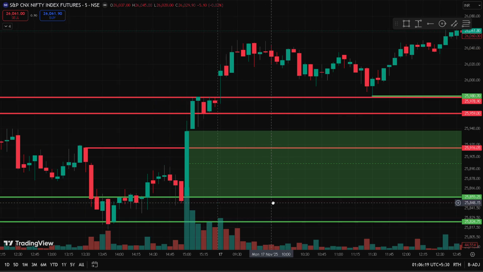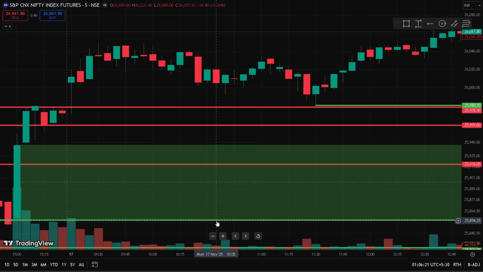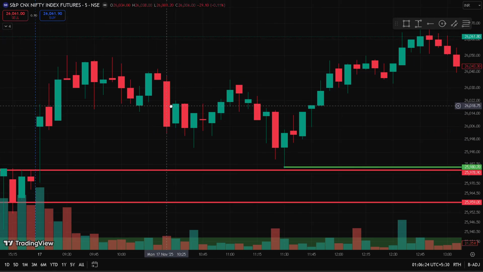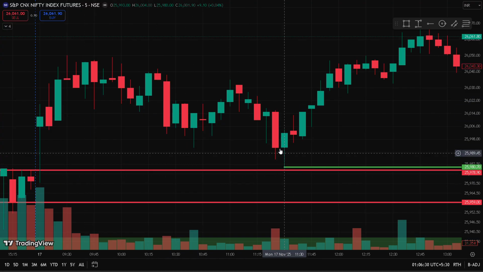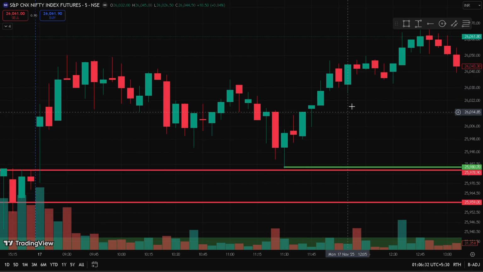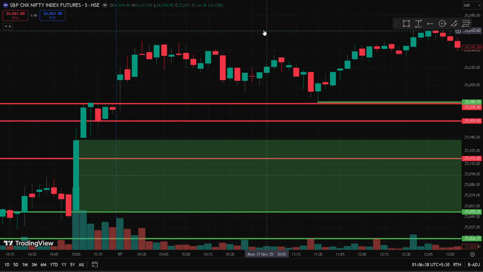If you compare this candle to this candle, I do see that the first candle was very, very powerful, which in turn got a retracement at this level and went up. So we'll again mark this level as well.